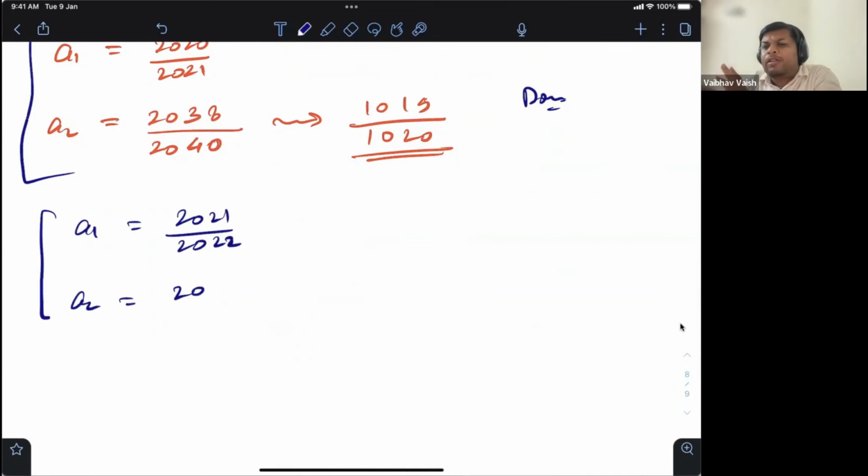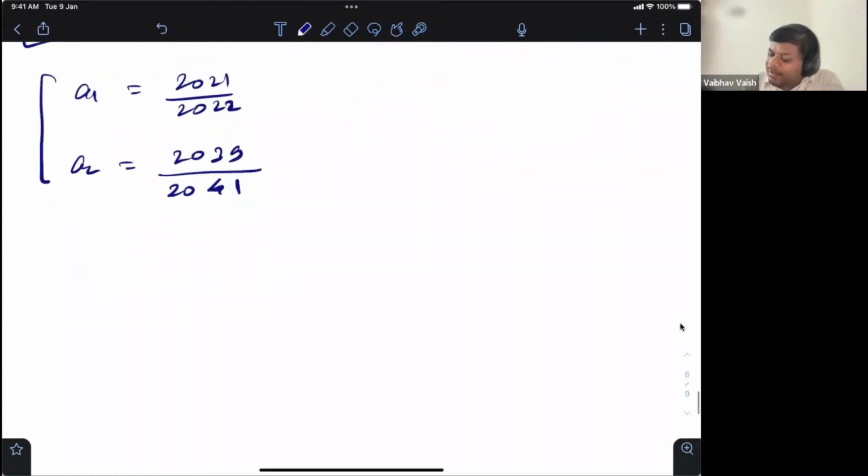You should always try out some low cases just to get an idea of what is happening. 2039. Yeah, that's correct. I have to add 18, and then I have to add 19 to the bottom, which gives 2041. Now these two things differ by 2, and they don't have a common factor. The only common factor can be 2, but they both are odd, so they can't have a common factor. So the next step is also clear.